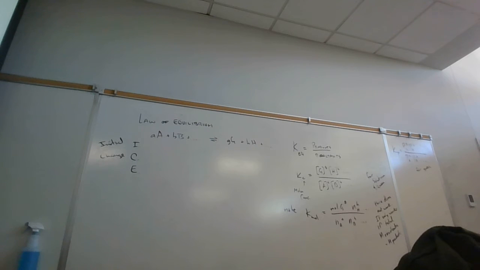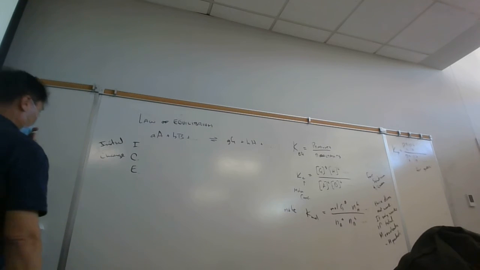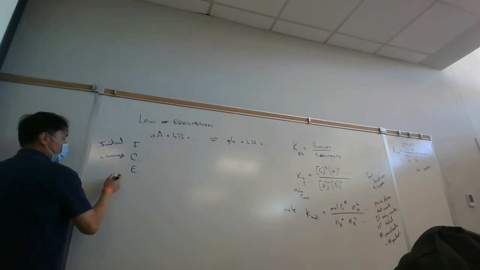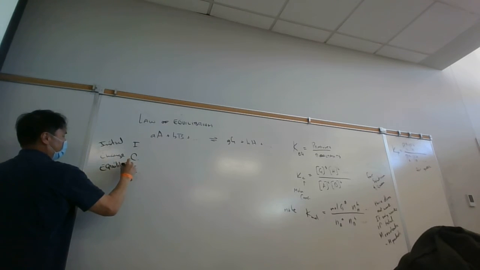So if I started off with initial 100 and I end up at 36, then that's a 64% change. And so here, we can see, if I start off at 0, I'm going to end up with a 64% change since the coefficients are the same. And then E is the end of the reaction, or equilibrium. Nothing's going to happen after this.